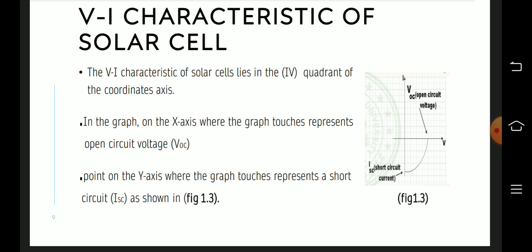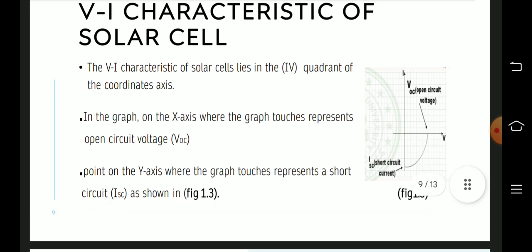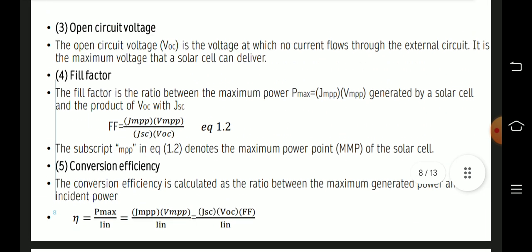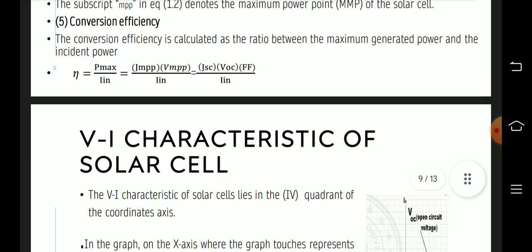We measure the corresponding voltage on the x-axis and corresponding current on the y-axis, and the ratio with JSC and VOC is the fill factor, that is the maximum power, maximum current, and maximum voltage.